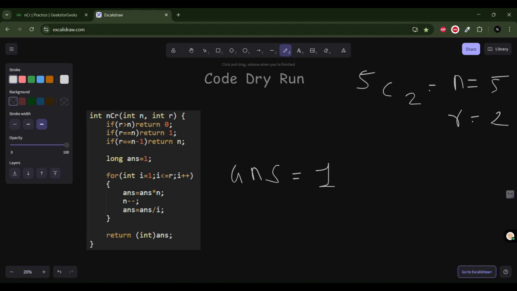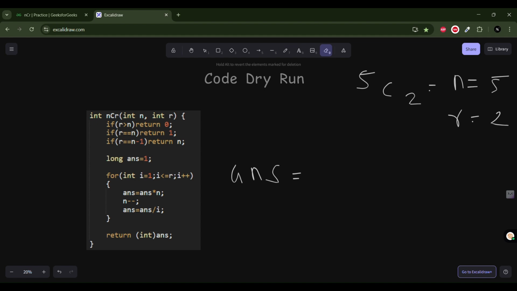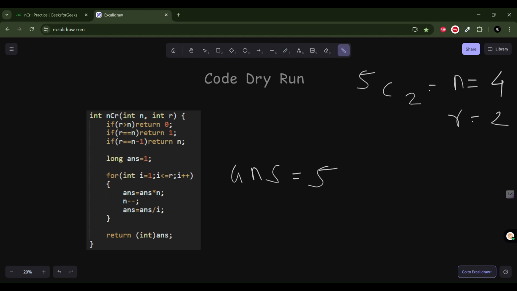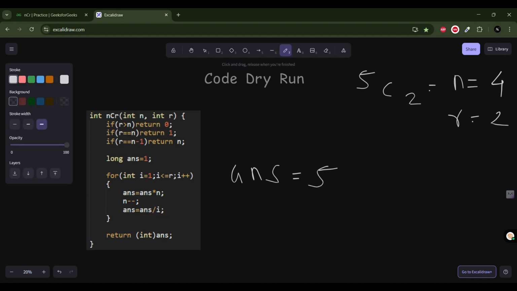i equal to 1, answer is equal to answer into n. N is 5, so we multiply 5 with it, and it becomes 5. We are decrementing n, so n becomes 4. Then we do answer equal to answer divided by i. Divided by 1, it becomes 5 itself.